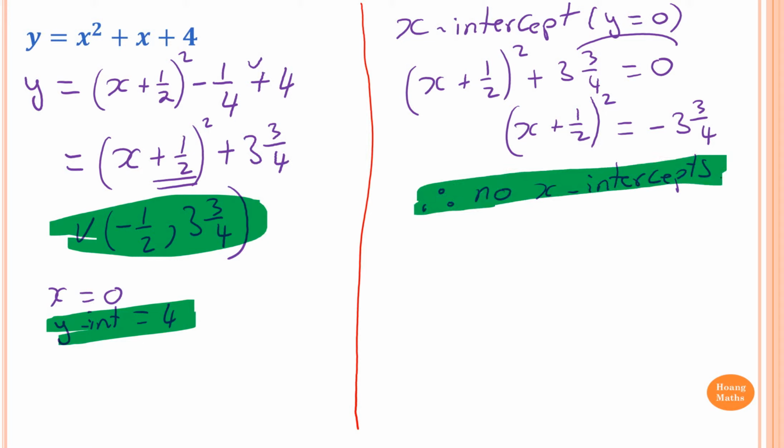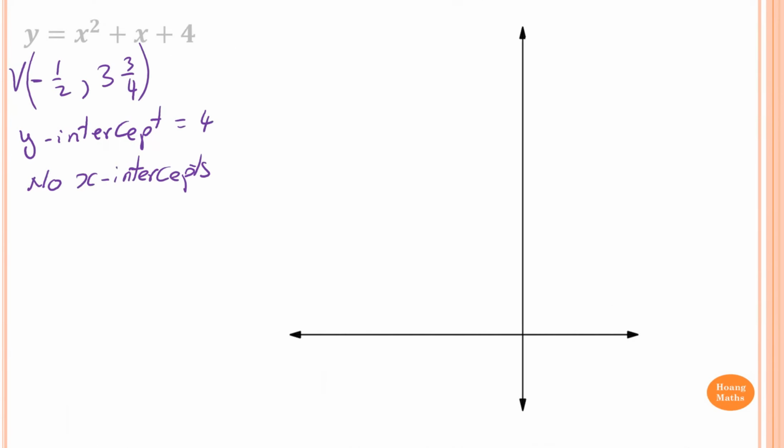Now we can just graph it. So the most important one first is minus a half and 3 3/4. So minus a half, 3 3/4, roughly here. And then the y-intercept is 4, so it's up there somewhere. So what I do, I just sketch it.